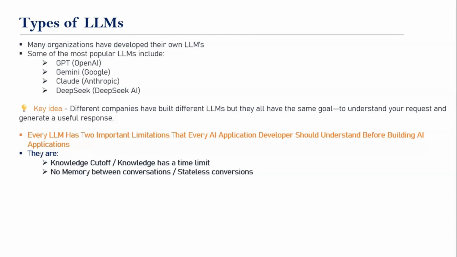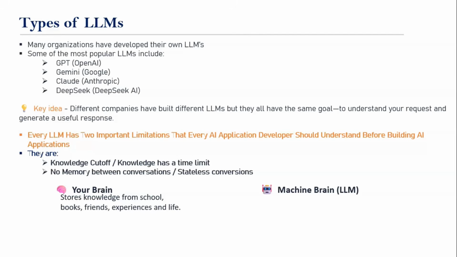Let's compare an LLM with our own brain. Our brain learns from school, books, teachers, friends, family, and life experience. Similarly, an LLM, or machine's brain, is trained on a vast amount of publicly available internet data. From this data, it learns languages, facts, patterns, and how to generate meaningful responses. Now imagine an LLM completed its training in 2025.